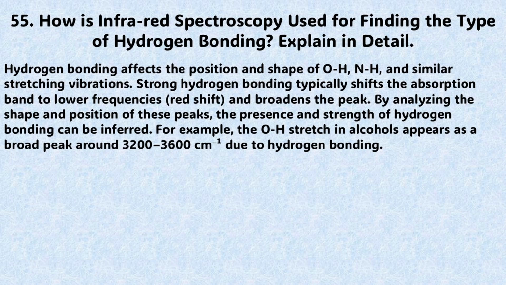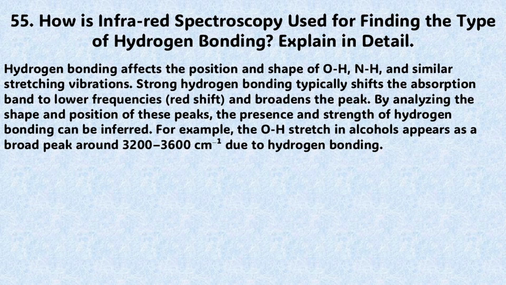The next question is question number 55. How is infrared spectroscopy used for finding the type of hydrogen bonding? Explain in detail. The answer to this question is very simple. Hydrogen bonding affects the position and shape of O-H, N-H, and similar stretching vibrations. Strong hydrogen bonding typically shifts the absorption band to lower frequencies, redshift, and broadens the peak.